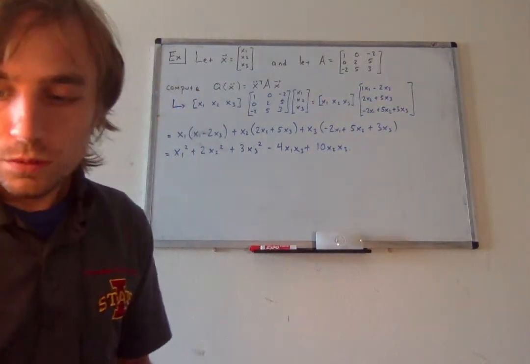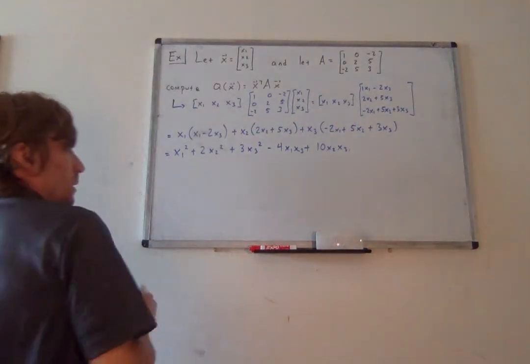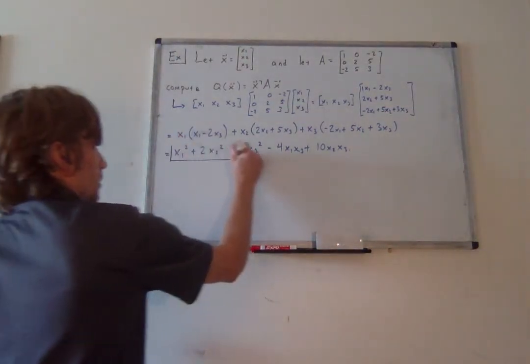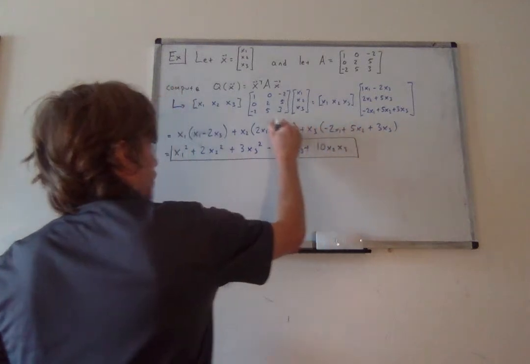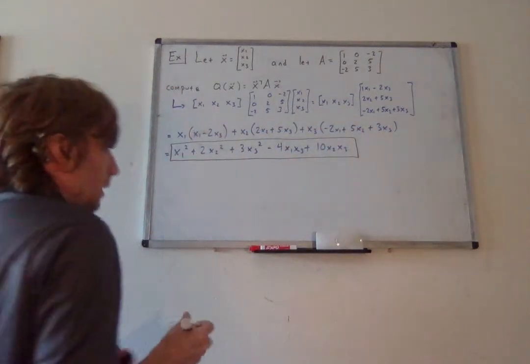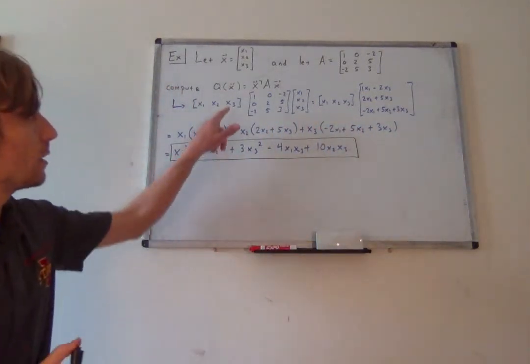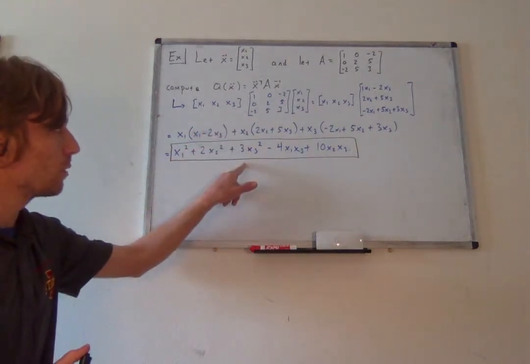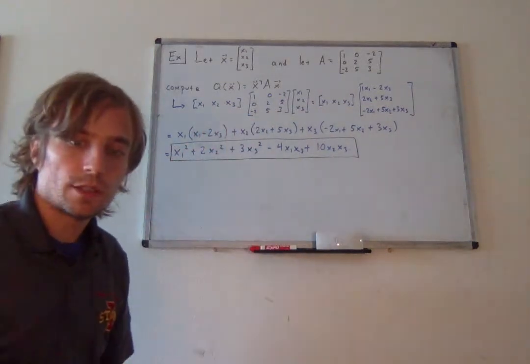All right, so like I said, at this point we've found a pattern that we can officially write down as to how we can go from matrix to quadratic form without having to always do this expansion.